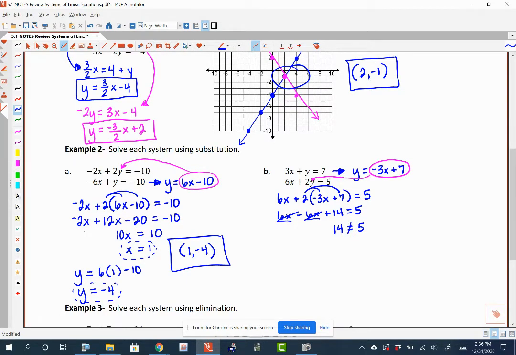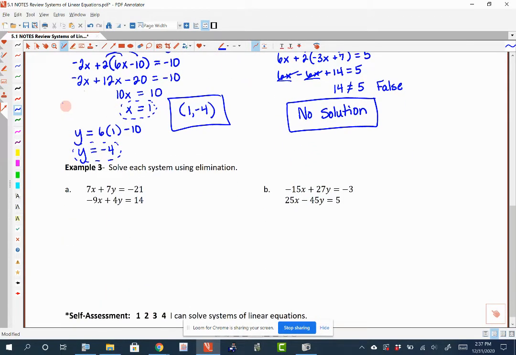So remember, when our variables eliminate each other, we look at what's left and see, is this a true statement or a false statement? And this is definitely false. And because it's false, that means that there is no solution. These lines are never going to intersect. There is no point that they have that's exactly the same, which probably means that they are parallel. Parallel lines never intersect.